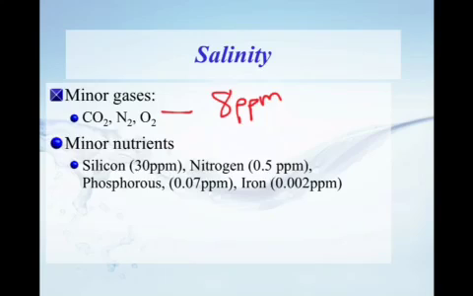And then there are other minor nutrients. You'll notice that some of these are very, very important. Even silicon. These ones are all important biologically for life. You've heard of nitrogen and phosphorus when we've talked about eutrophication in the past. Silicon is used by a lot of organisms to make their shells, like diatoms. And then iron is very, very important when we're talking about the iron hypothesis, which we will talk about later on in this course.